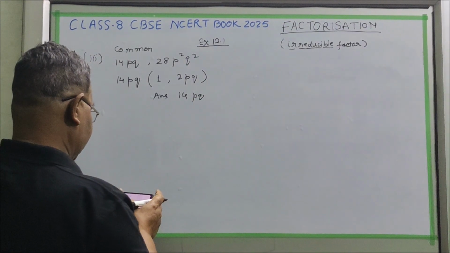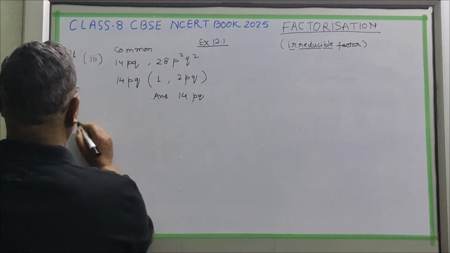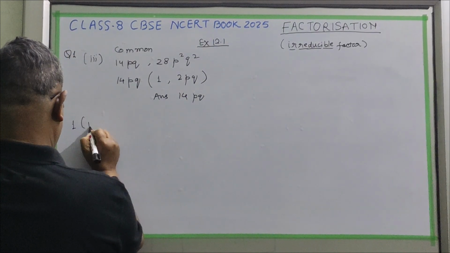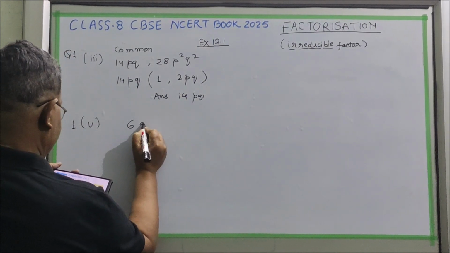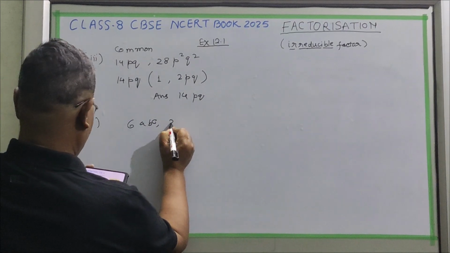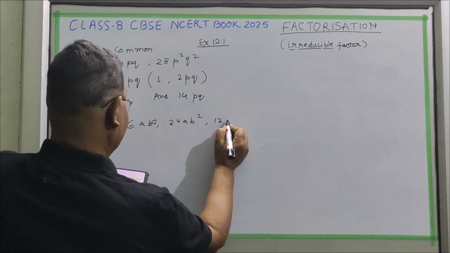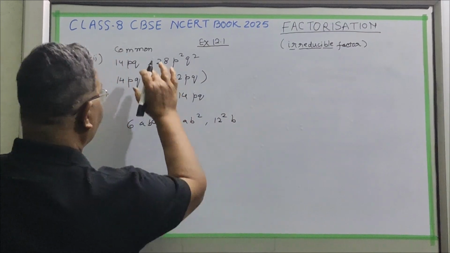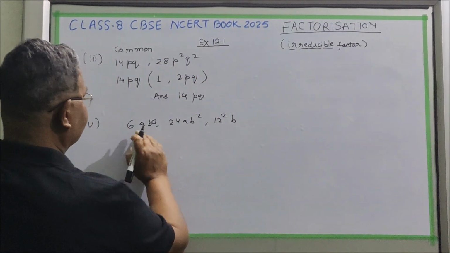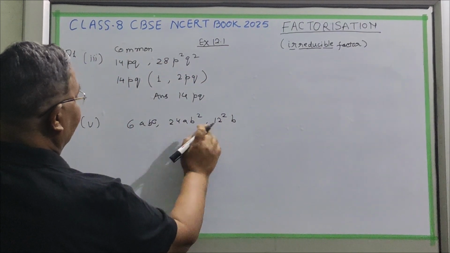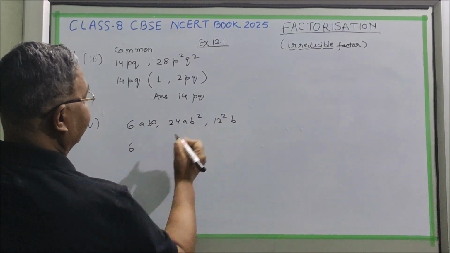Now another question we are taking, 1/5: 6ABC, 24AB square and 12A square B. Now this whole process I will not write, I will just tell you. Here 6 is common everywhere.